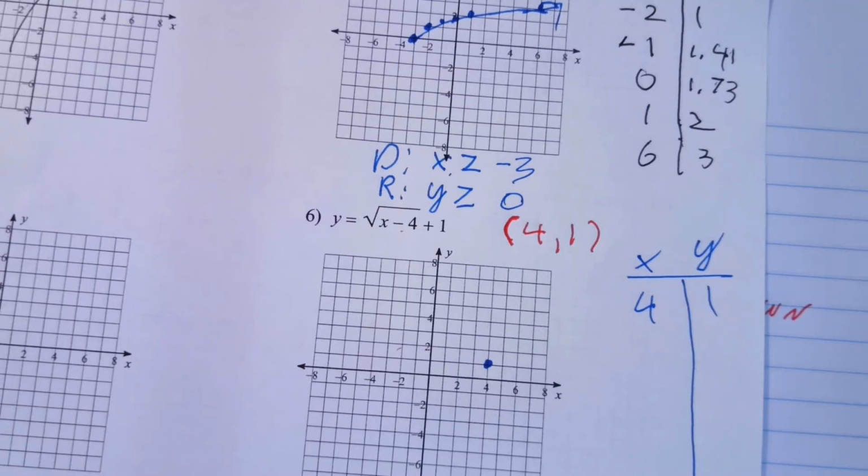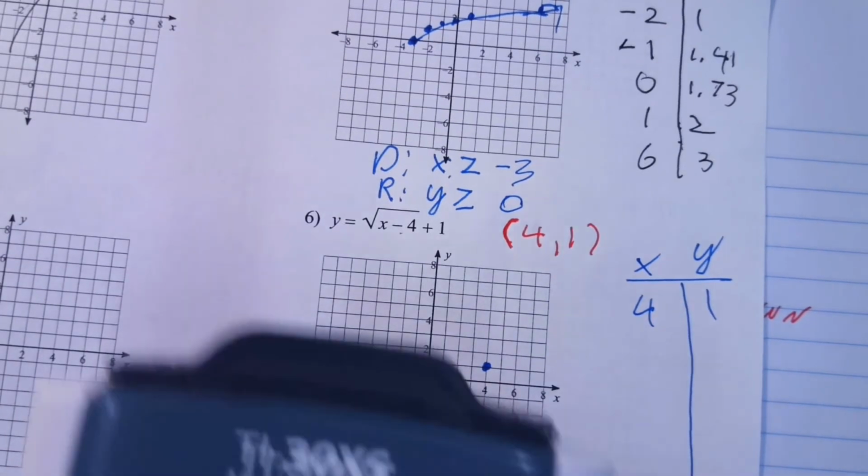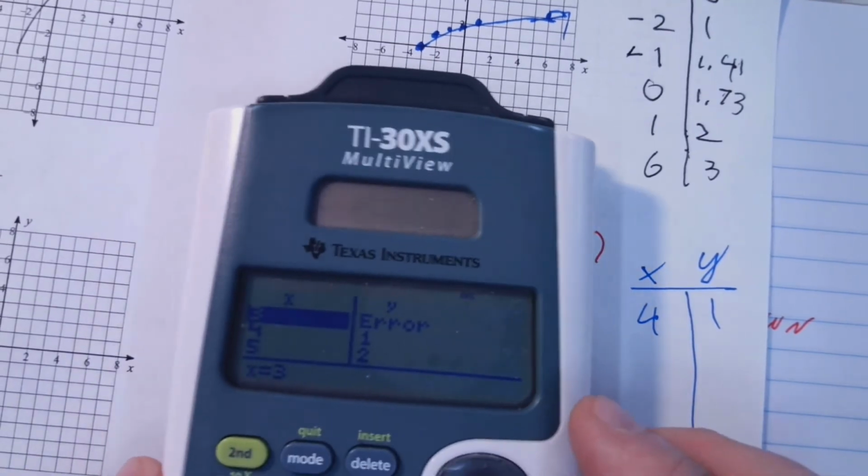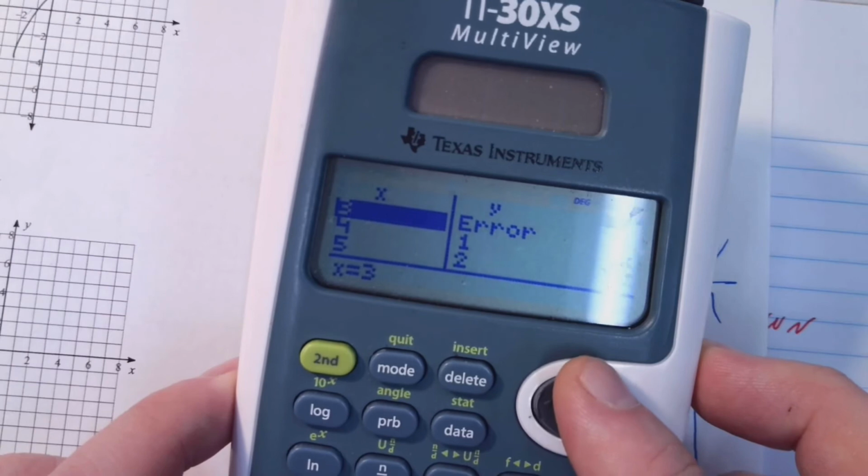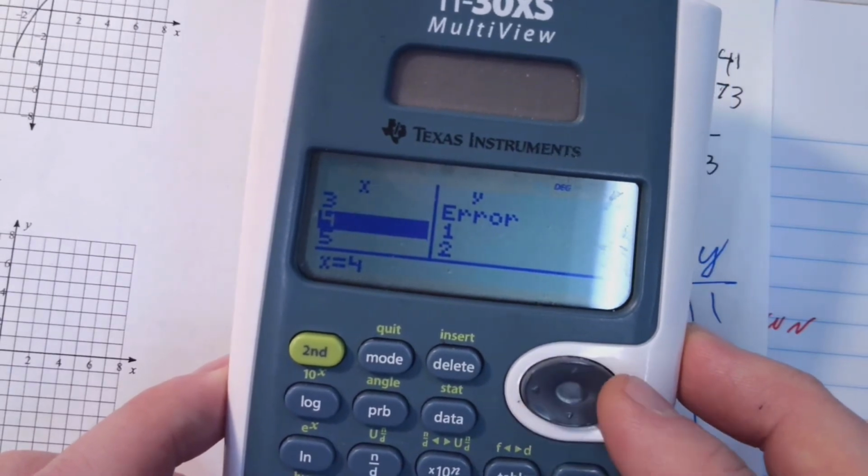Theory? Okay. So I put this in here right. And it looks to me like, yes, I'm getting errors on everything before 4. That's good. Because we said (4, 1) is our first point.